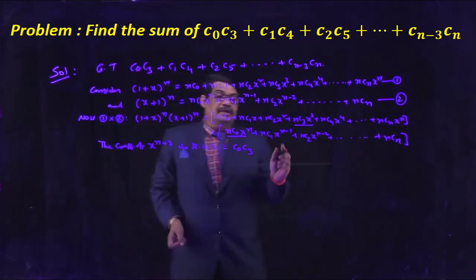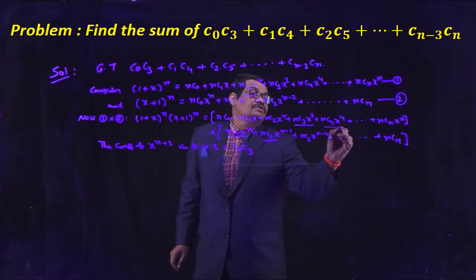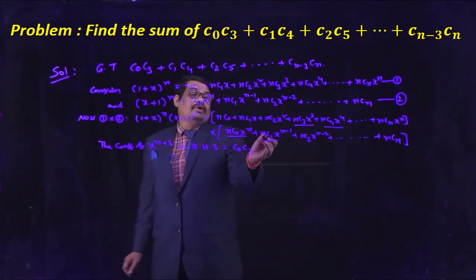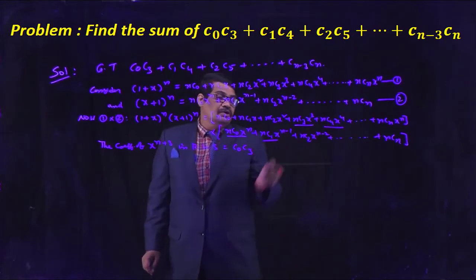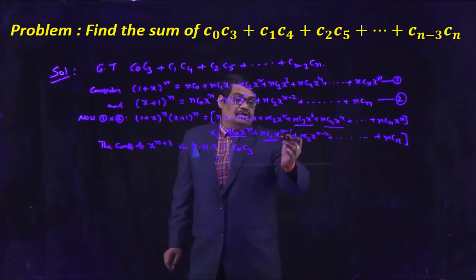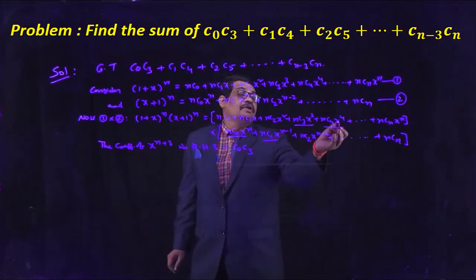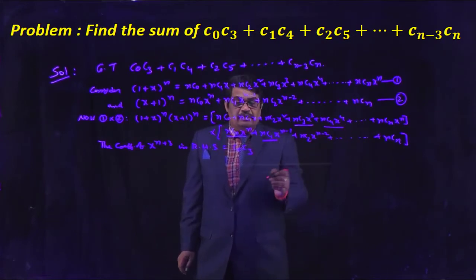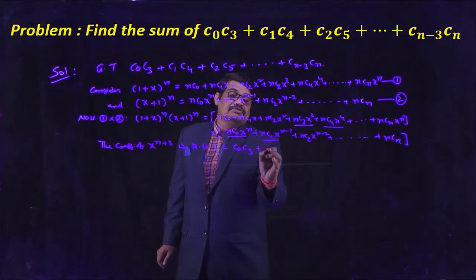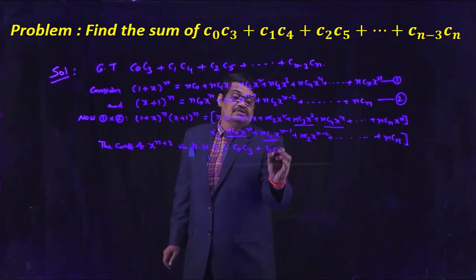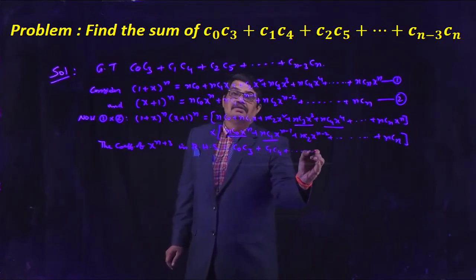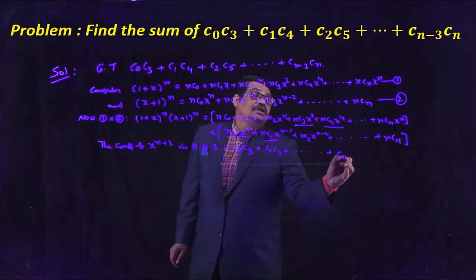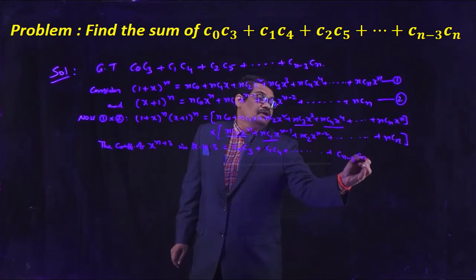Next we multiply these two terms: nC4 x power 4 into nC1 x to the power of n minus 1. The product gives x power n minus 1 plus 4, that is x power n plus 3. Then the next term is C1 C4, and so on, up to the last term nC(n minus 3) Cn.